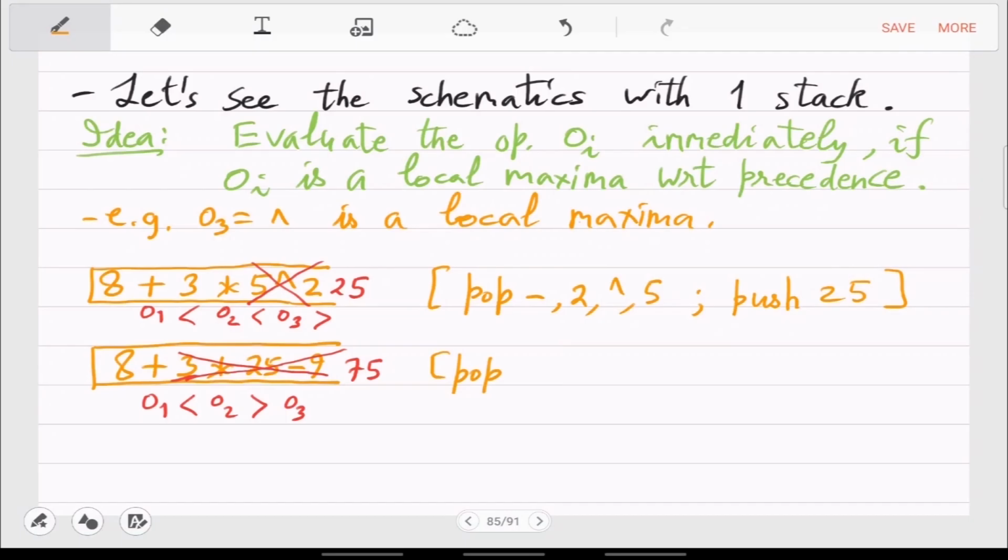So we have popped, well, 9 was actually not needed anyways. So we have popped minus 25 star 3, and we have pushed the value of O2 operation. O2 operation meaning the immediate left value and the immediate right value of multiplication. So that's 3 times 25.